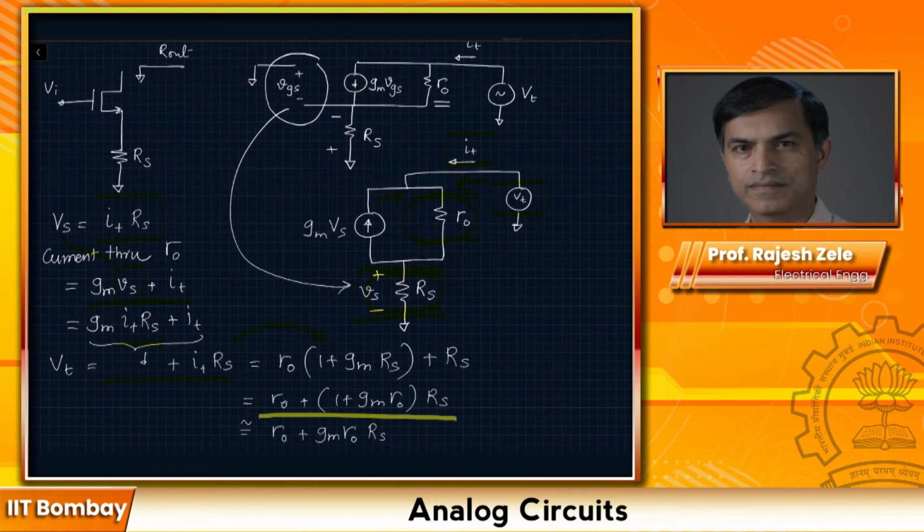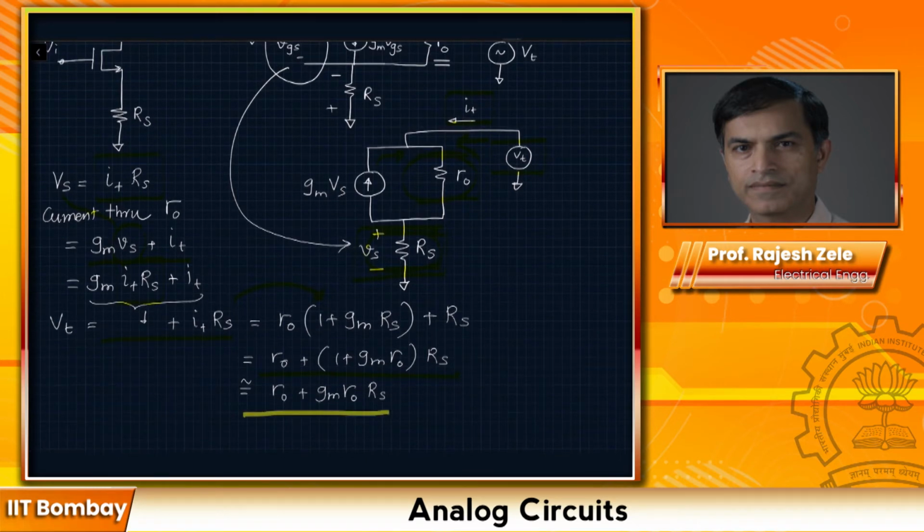What you see in this underlined equation is 1 plus Gm Rout for the transistor. And we know that Gm Rout is the self gain of the transistor, and it's a large number, much greater than 1, so we can ignore the 1 to draw our insights. Here you can see this is our effective output resistance.